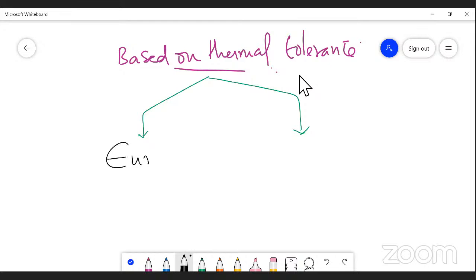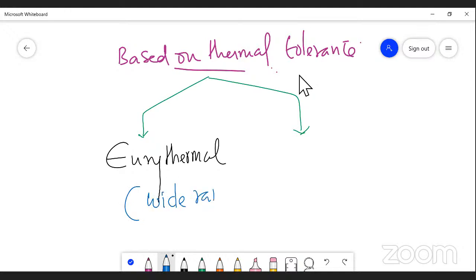Eurythermal means the vegetation which requires a wide range of temperature, an extremely wide range of temperature. Simply, a plant which requires a wide range of temperature. So that is called eurythermal.